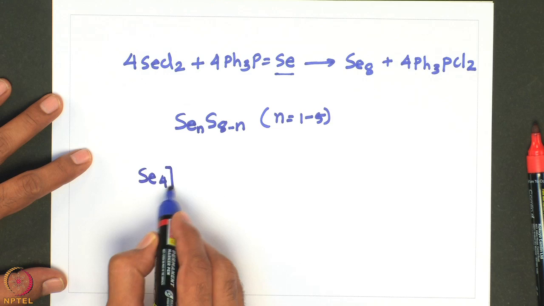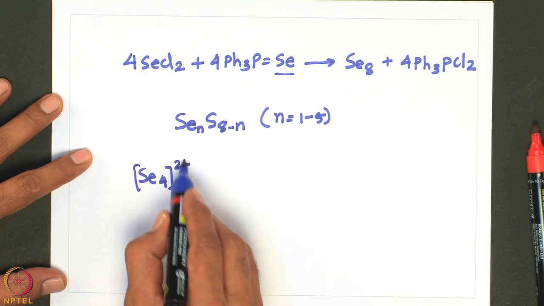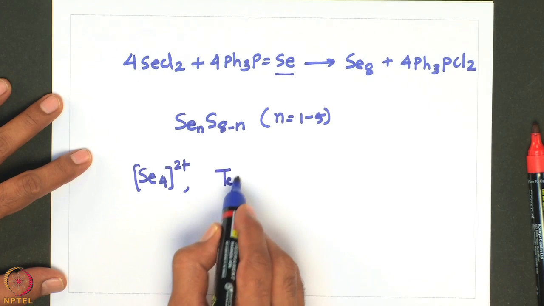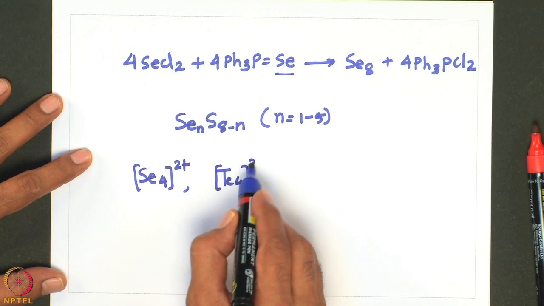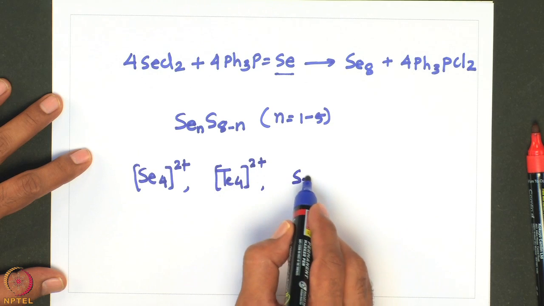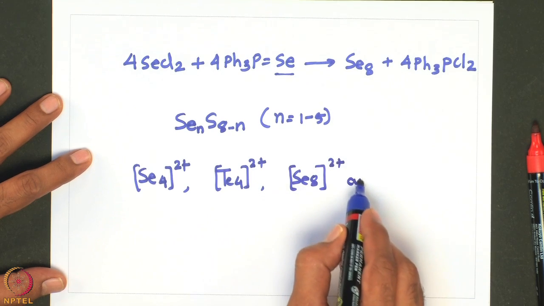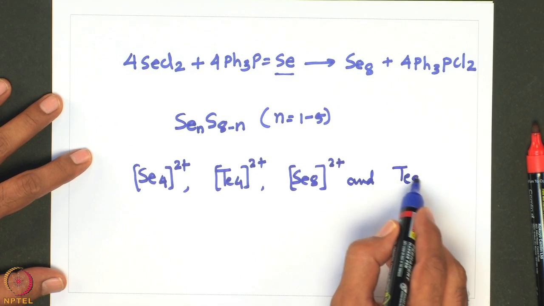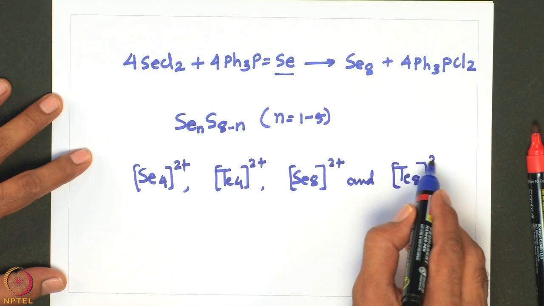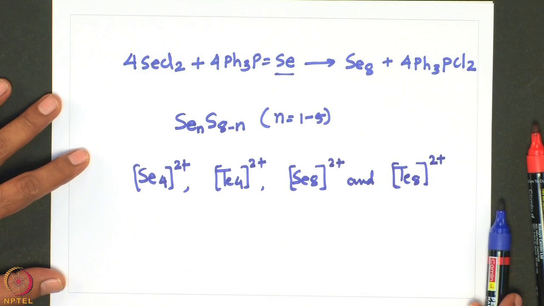This is also true in the case of cations such as Se4 2+ or Te4 2+, Se8 2+ and Te8 2+. So, that means they are more or less similar to sulfur. So, these are all polychalcogen cations.